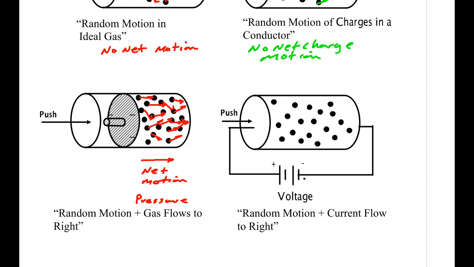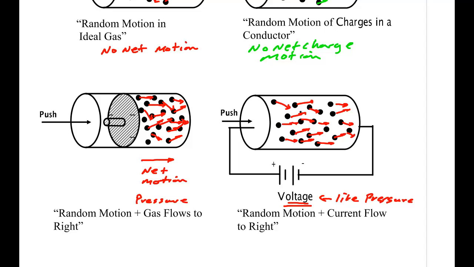In our circuits, the push is provided by the voltage. So the voltage is like pressure. The voltage creates an electric field, which applies a force. And the net effect is, if these were positive charges, that their motion would be slightly disturbed so that they would have a small net component to the right. They wouldn't all go to the right.